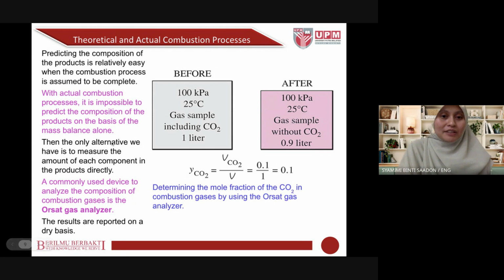Then the only alternative we have is to measure the amount of each component in the products directly. One method of measuring the composition of the products is using a gas analyzer.